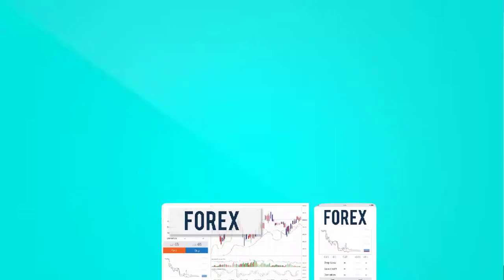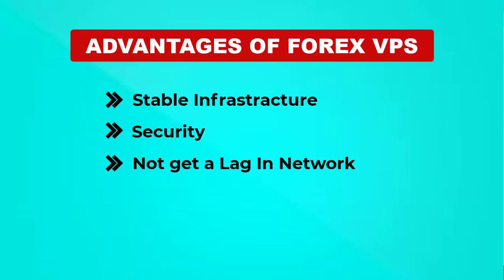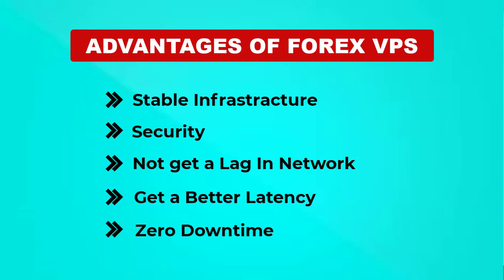But if you use a Forex VPS, you will get a stable infrastructure, security, no lag, better latency, and no downtime. No downtime means you can do better trading. This is the advantage.